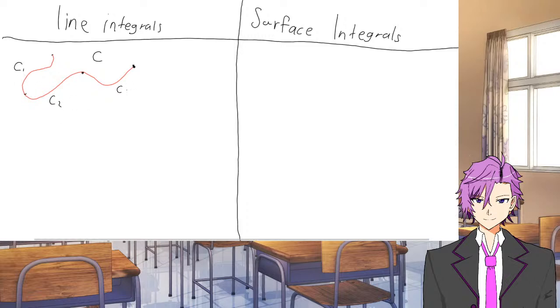C2, and C3 with points, for example, let's say x1, y1, and z1, x2, y2, z2, and then x3, y3, z3, and then the last point, the ending point, x4, y4, z4.